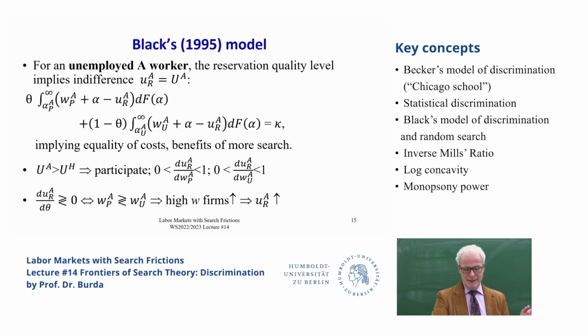Okay, so if the wage offer by the discriminators exceeds the wage offer made by the non-discriminators, then those firms that pay higher wages will give higher utility to those who are not discriminated against.